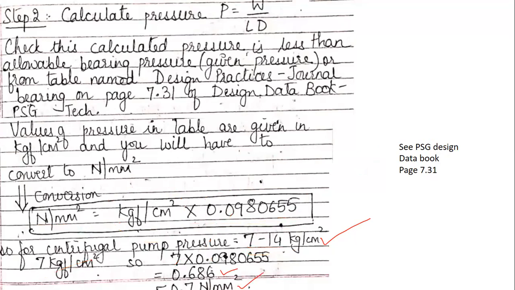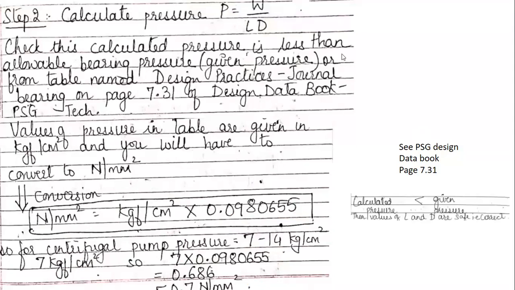So what I'm trying to tell you in this second step is that once you calculate this pressure, you also have to check with this given pressure or allowable bearing pressure and see whether this calculated pressure is less than the given pressure, allowable bearing pressure, or sometimes it is also called design pressure.